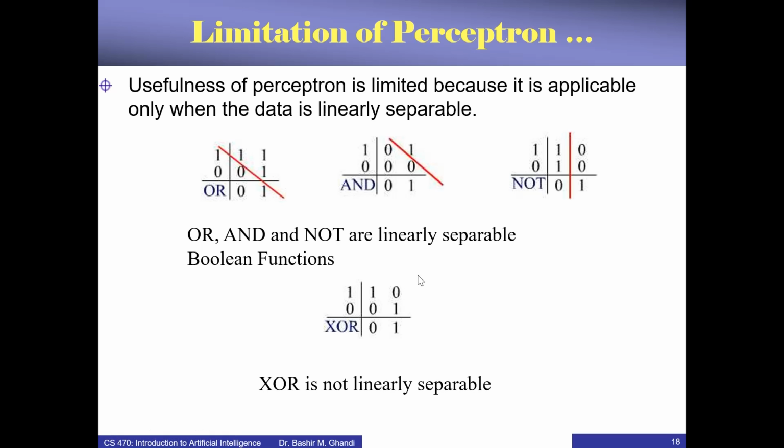The question is, is there a way to draw a straight line that will split the zeros and ones in this case? Clearly there is no way. If you draw a line like this, it's not going to work. This will not work. No diagonal will work either. So there is no way to draw a single line to separate these output values.